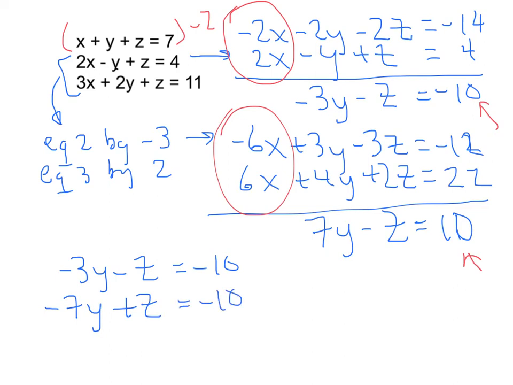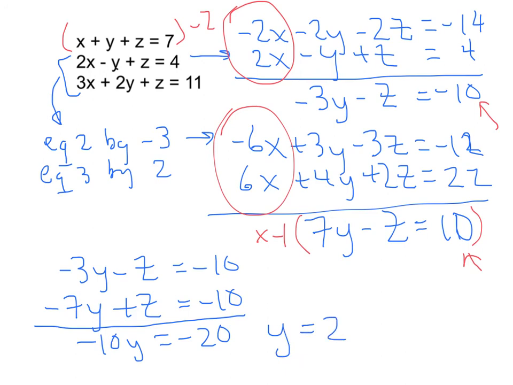I've done that by multiplying the second equation that I produced times -1, so that the z's will now eliminate. And what I get when I add those together is -10y equals -20, which of course means that y equals 2.